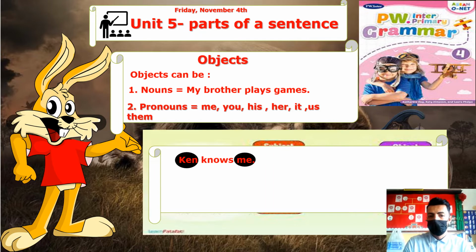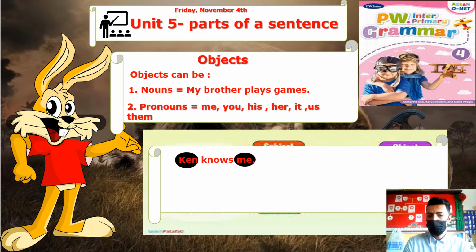For example, the object pronoun me. What is the subject pronoun of the object pronoun me? I. You, it's you. Object pronoun him, it's he in the subject pronoun. Her, it's she in the subject pronoun. It's it.